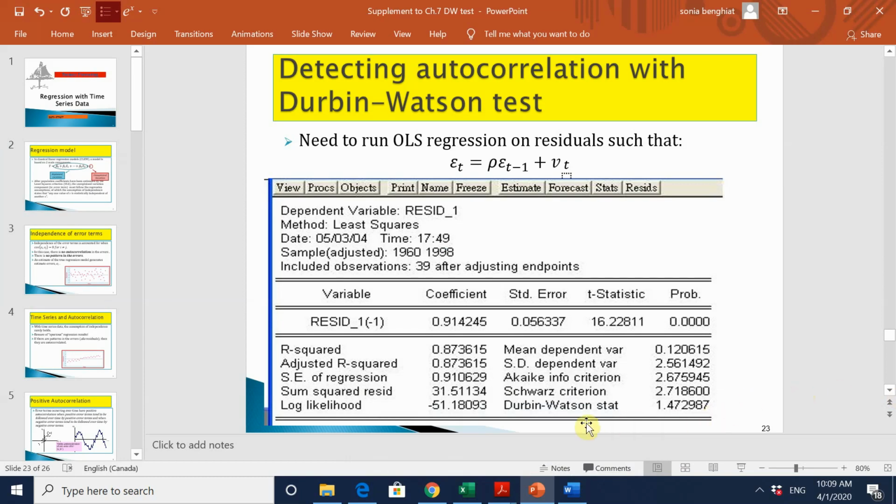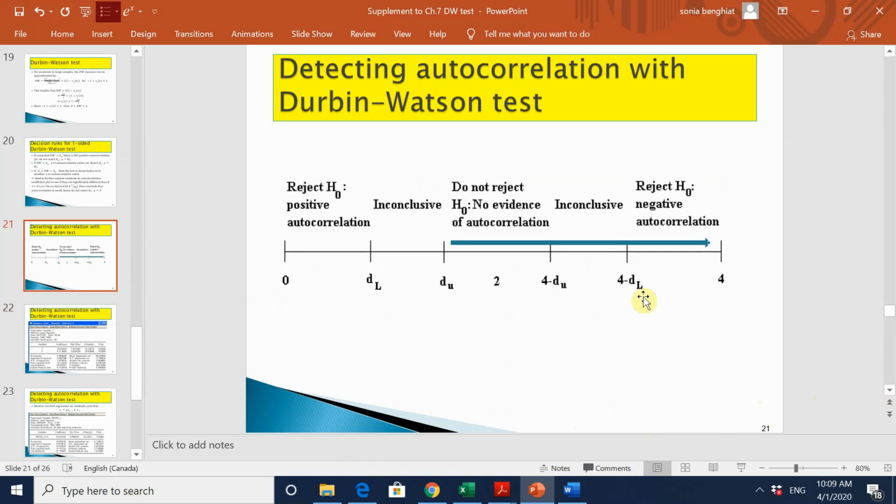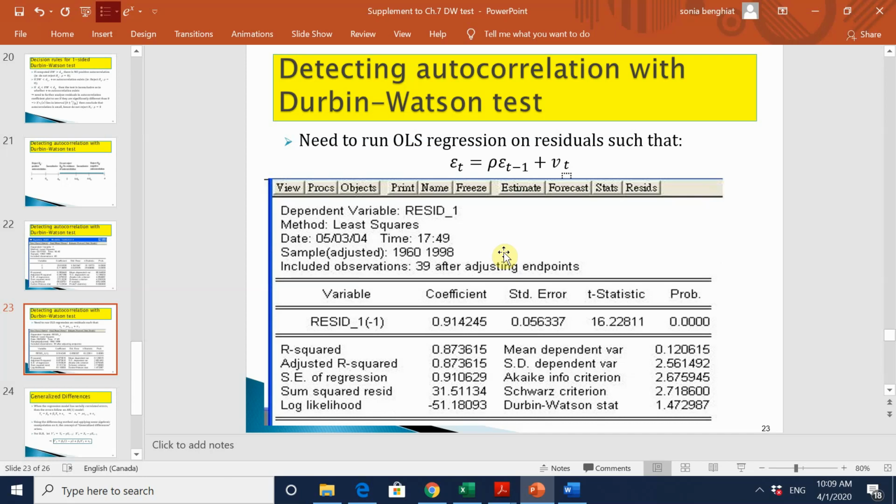I am in this zone right here, and so I do not reject my null hypothesis. So there is no evidence of autocorrelation here. Okay, that is how you do it.